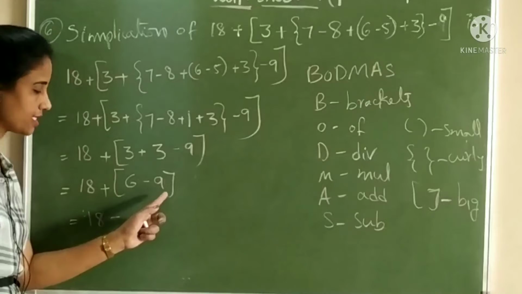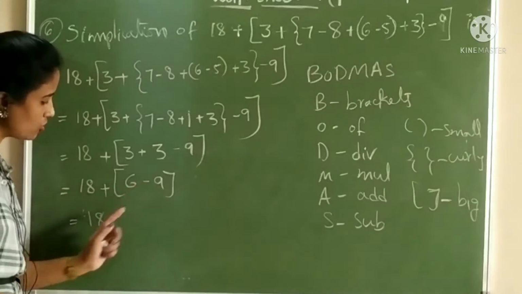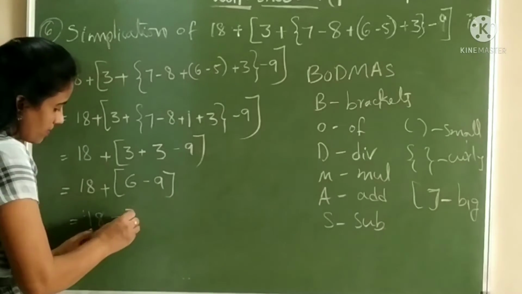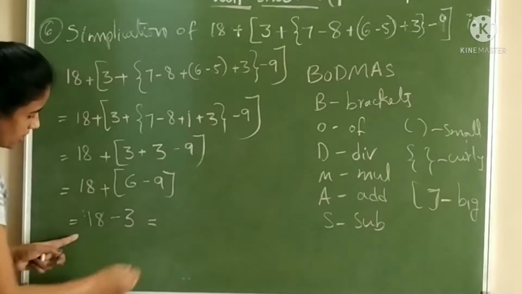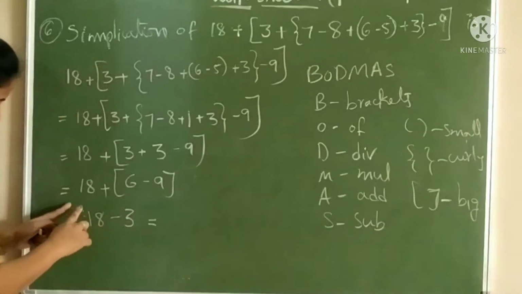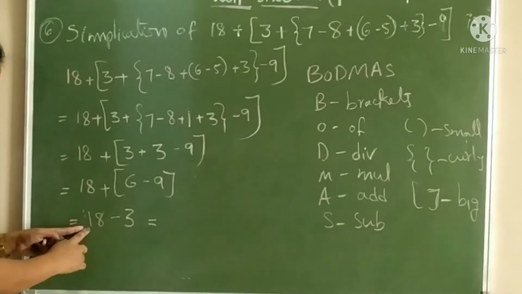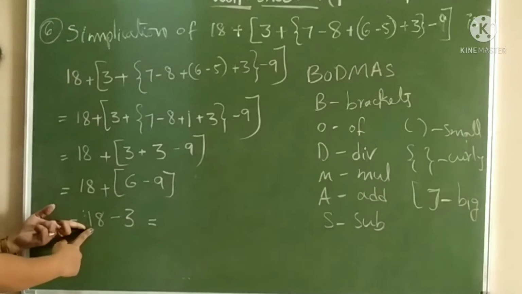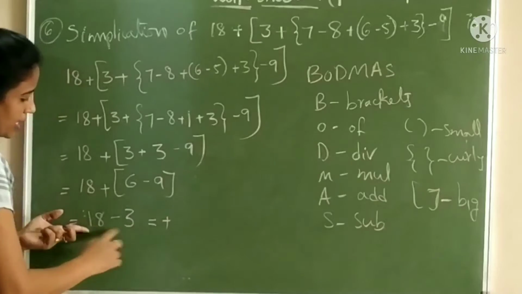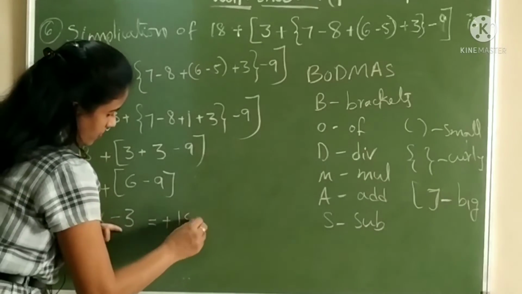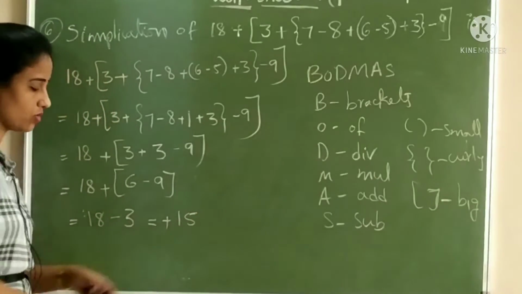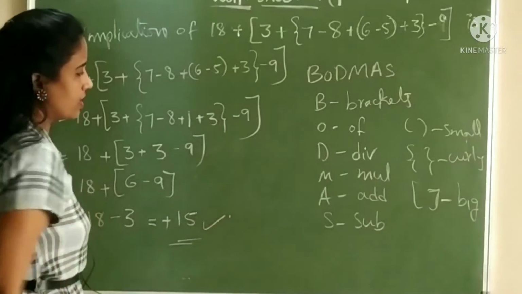Which sign has the bigger number? Minus sign, so write minus 3. So finally 18 minus 3 is 15. The plus symbol has the bigger value, so write plus, and 18 minus 3 is 15. So our answer is 15.